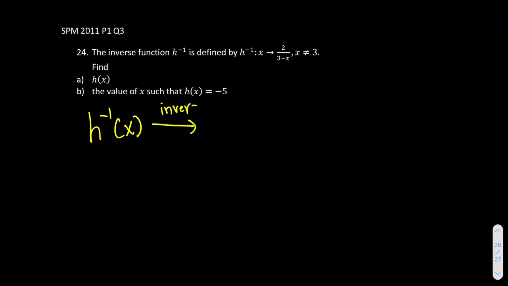Then we will get back the original. It means that if in the beginning you are in the reverse gear, then we reverse one more time, you'll be going back to the original position. So we just need to do the inverse for this function.